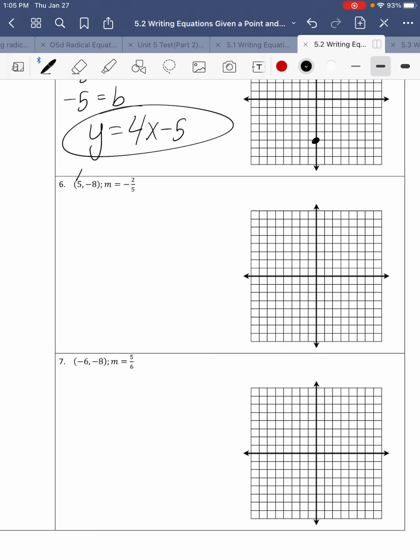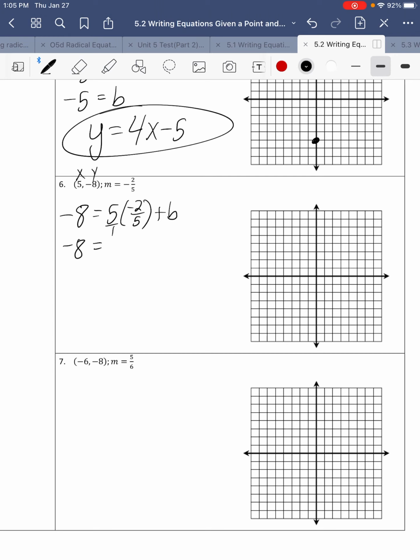Next, we have 5, -8. x, y, -8 equals 5 times -2 over 5 plus b. I always put the negative on the numerator. When you say the fraction, you always put the negative on the numerator. We're going to multiply 5 times -2/5.